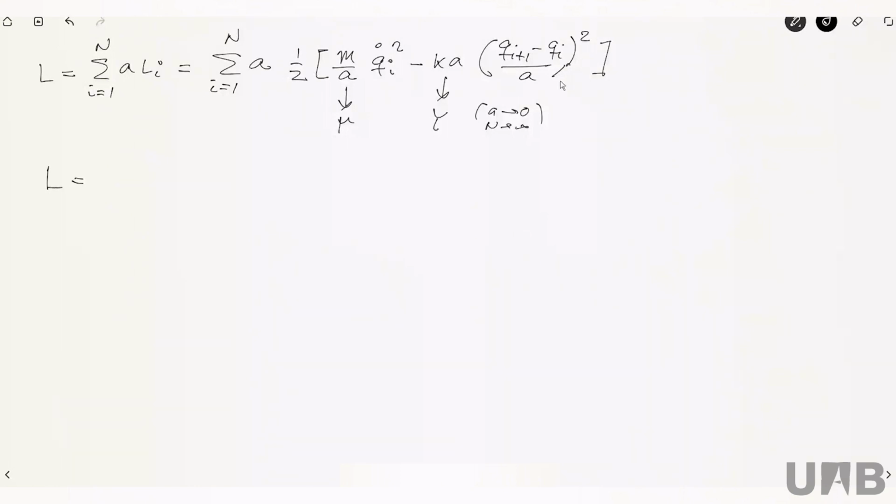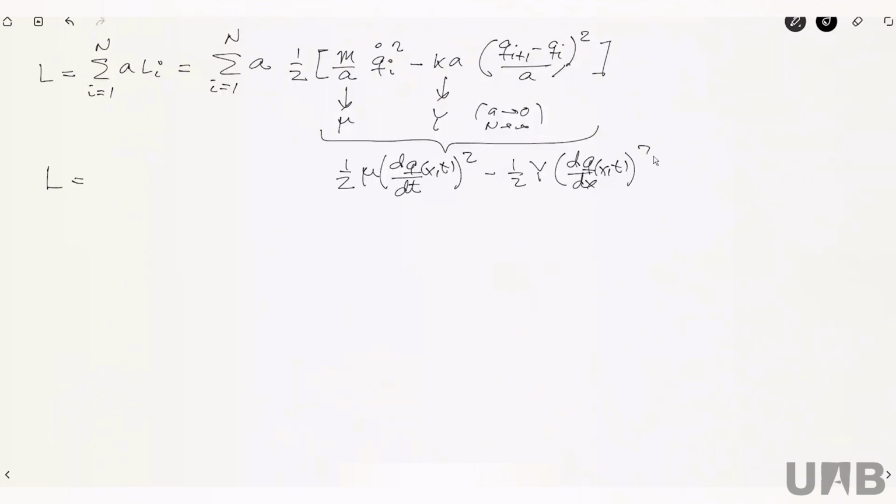Right? This now will have a clear expression. It will be 1/2 of mu times the derivative of q with respect to t, a function of x and t, squared, minus 1/2 of the Young modulus times the derivative of q with respect to x, of x and t, squared.